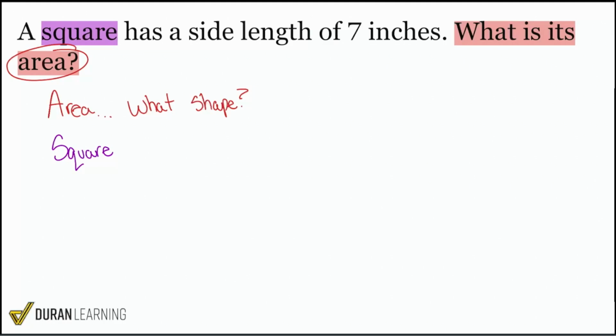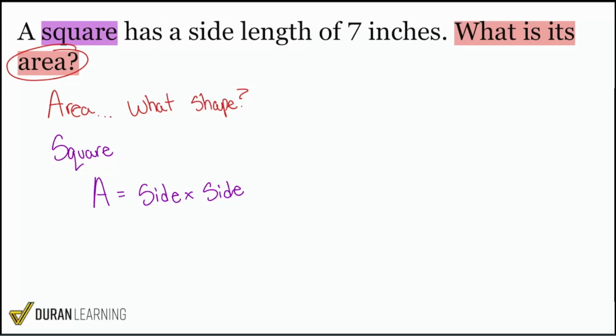Pop quiz, everybody. What is the area of a square? Yes, the area of a square is going to be the side times the side. Feel free to use your notes while we work in today's class. And so, everybody, are we given the side? A square has a side length of 7 inches. Do we have the side? Yes, we do. So this one's a very straightforward question.